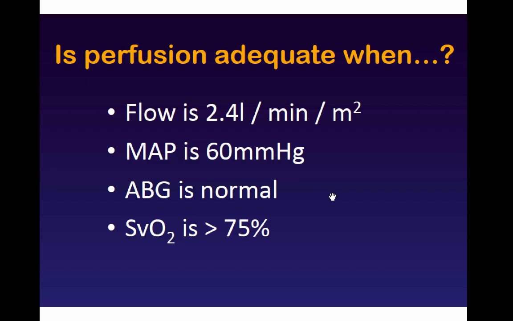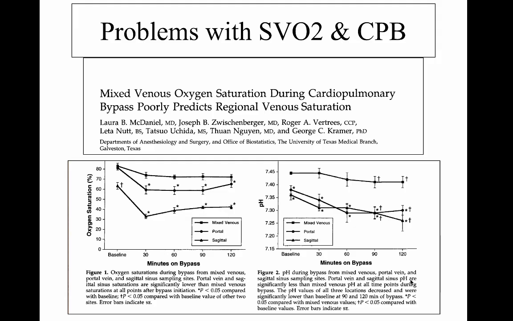Let's look at that SVO2 for a second, and I want to direct you to this paper, and this paper is on Blackboard. It's a 1995 paper. It's an animal study, and I want you to go back and look at this paper. Study particularly these two graphs. And I want to discuss this data in class.